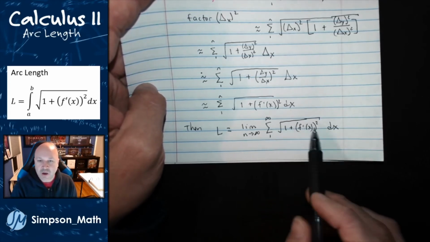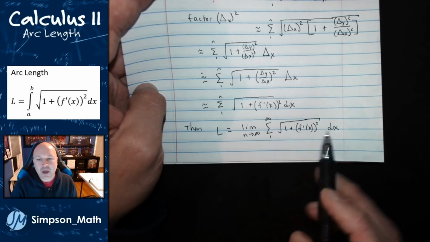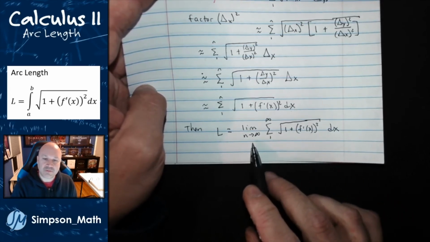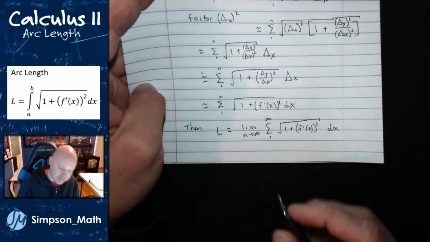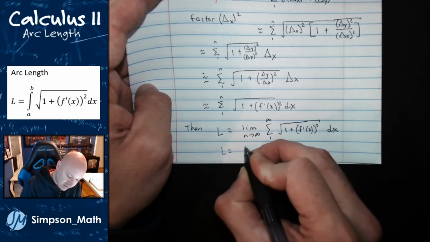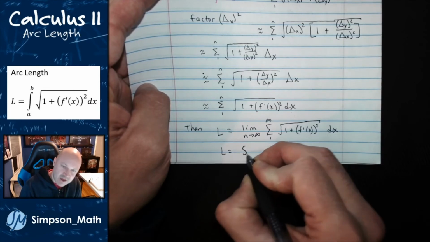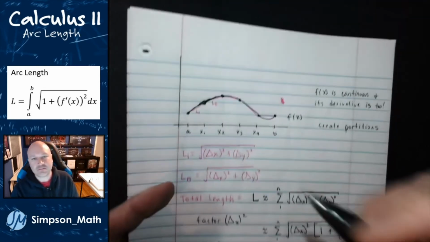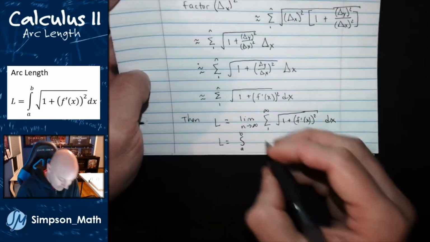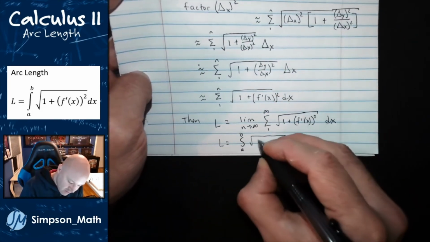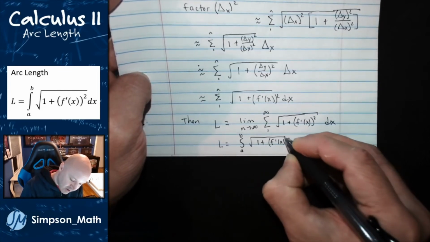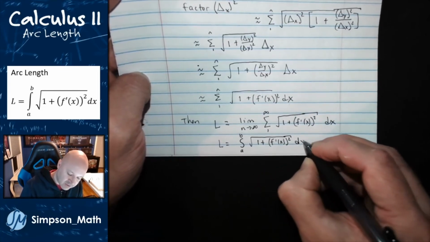We're summing up all of those little bitty widths of x, infinite number of them. That's going to give it to me. L is the integral, the sum of all those little pieces from A to B, of the square root of 1 plus f prime of x being squared with respect to x.